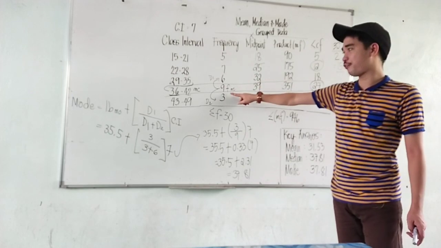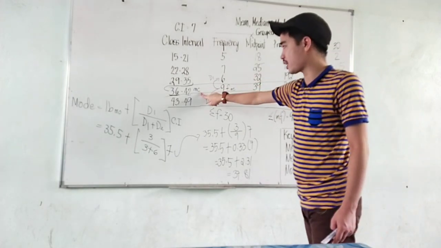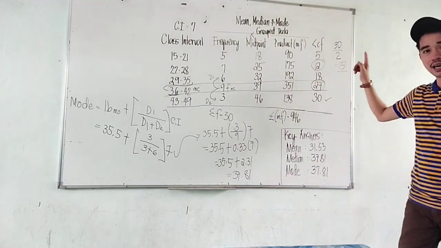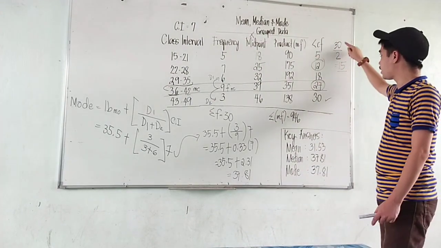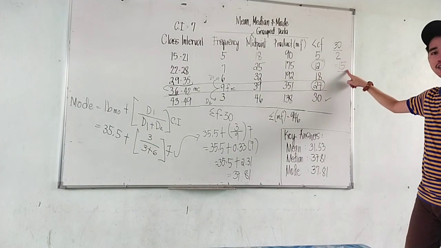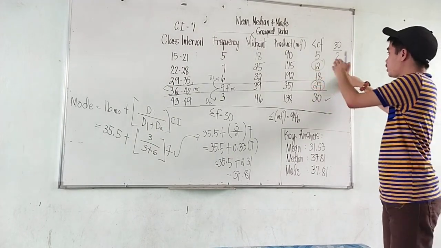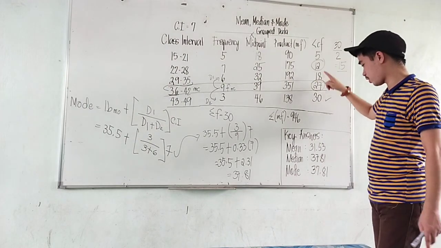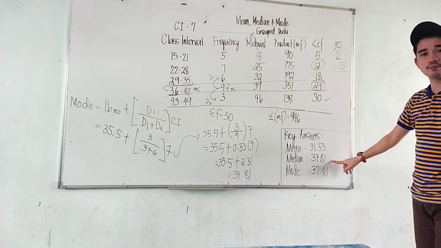Isaset na po natin ang frequency, median class, at lower boundary. So, isosolve din natin ang less than cumulative frequency by using this one. So, 30 divided by 2, we have 15. Any number lower from our total here will be our less than cumulative frequency. So, nakuha po natin ang 37.81.